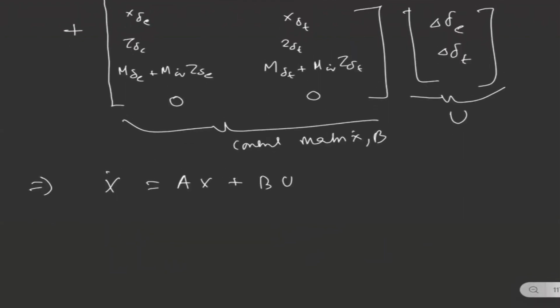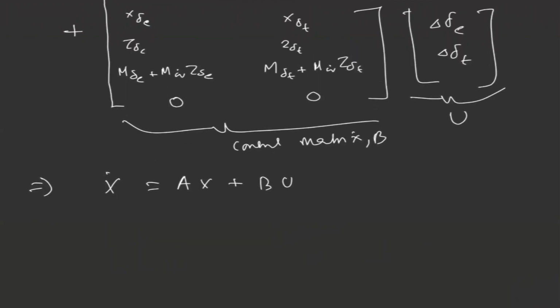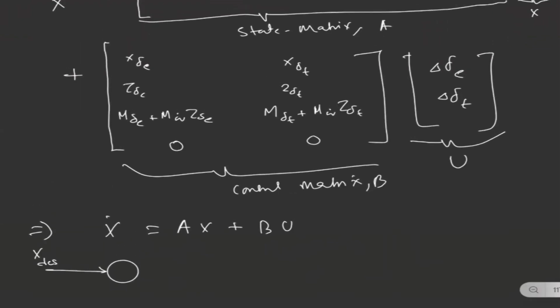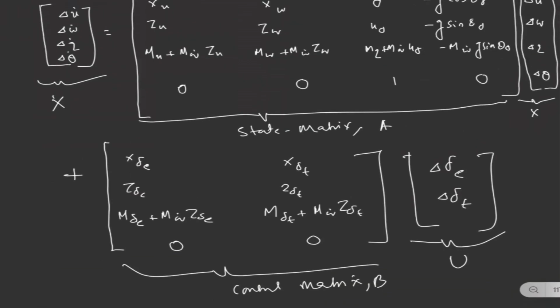And so basically, if you draw the control block diagram, this is our reference point, the desired value of u, w, q, theta.